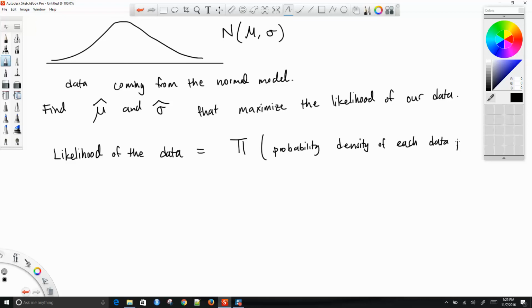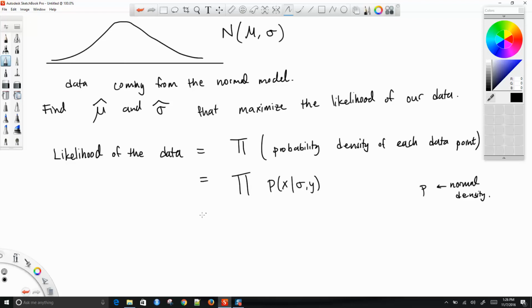Is this okay with everybody? So all we're doing is, if we were to write this as a function, it would just be the probability of x given mu and sigma, where p is the normal density. And in R, this is simple, right?